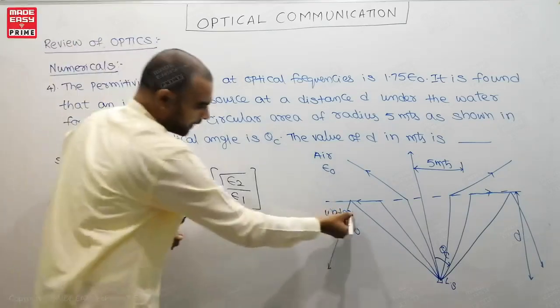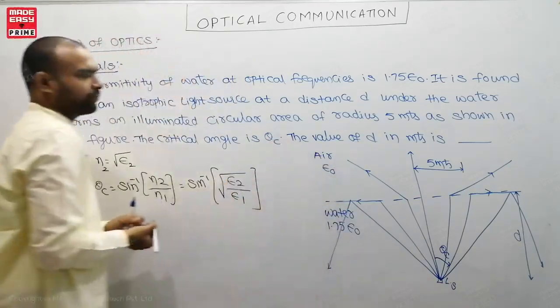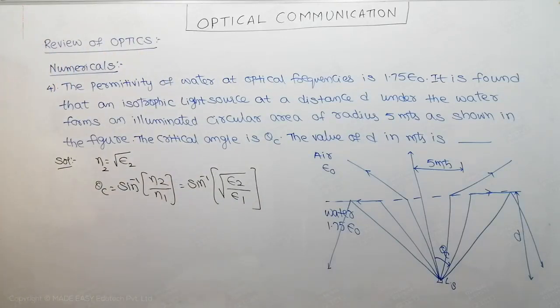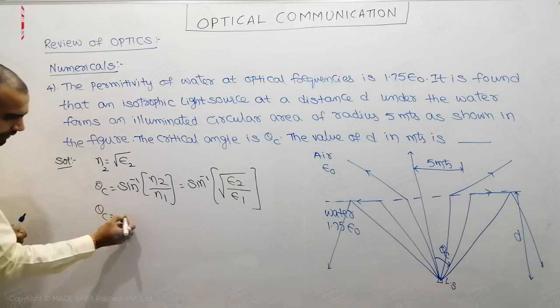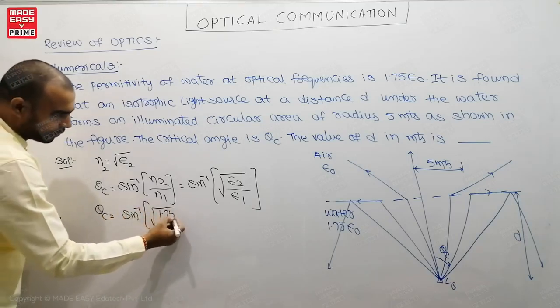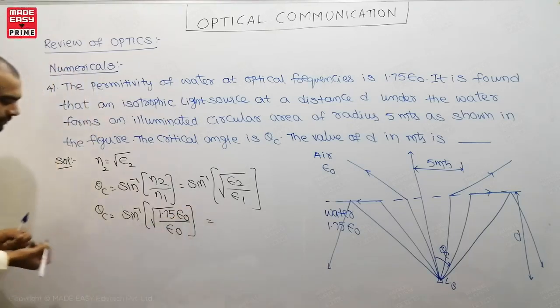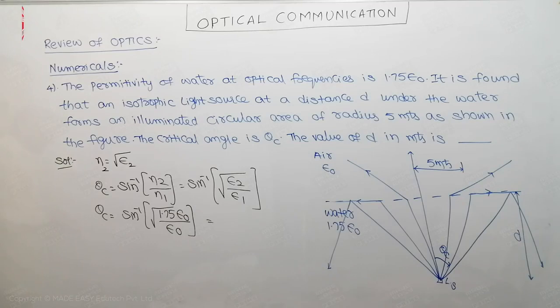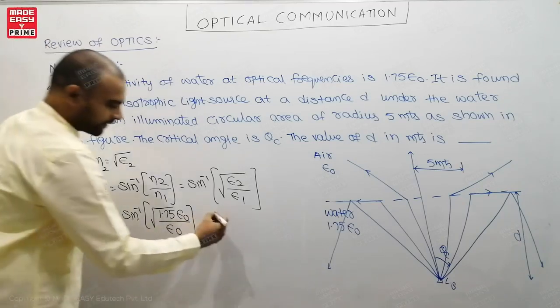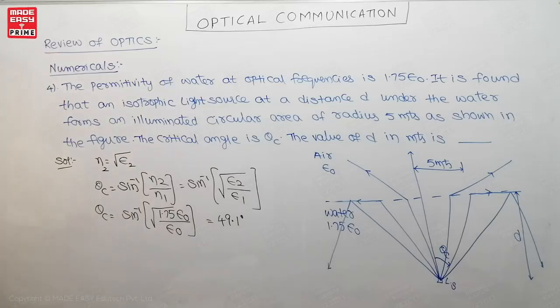Epsilon 2 is the permittivity of the water, and epsilon 1 is the permittivity of free space or air. So theta c is equal to sine inverse of the square root of 1.75 epsilon naught upon epsilon naught, and that theta c value is 49.1 degrees.